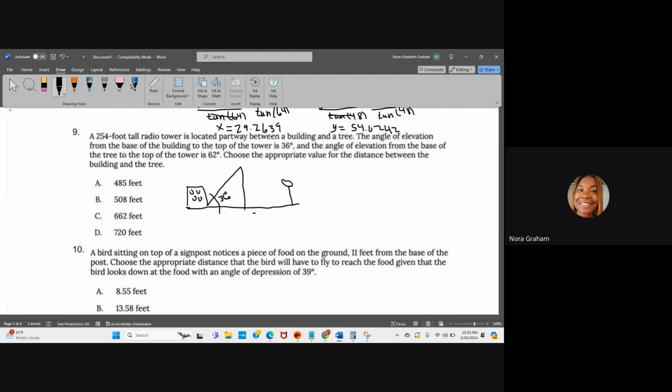And the angle of elevation from the base of the tree to the top of the tower, like this, is going to be 62 degrees. And then they also gave us that the radio tower is 254 feet in height.